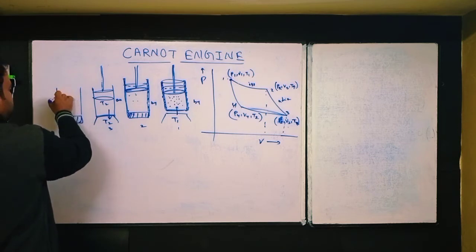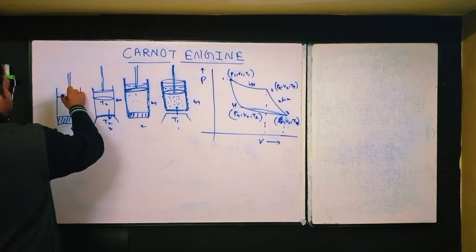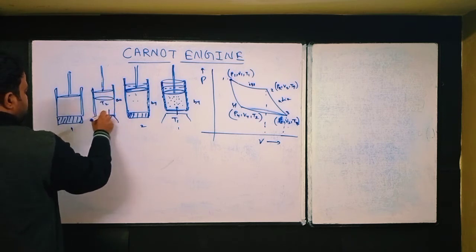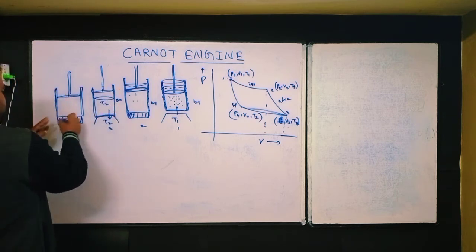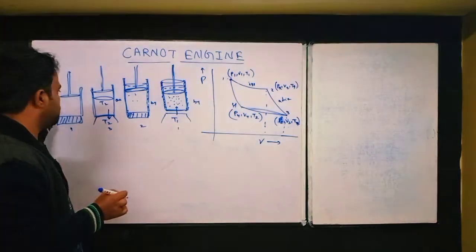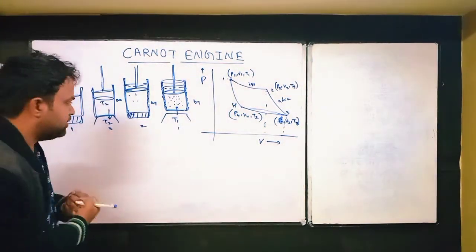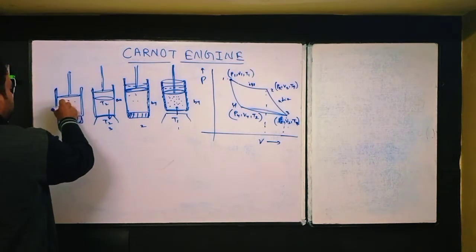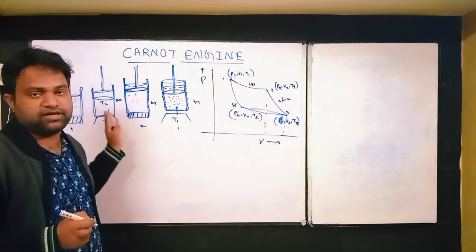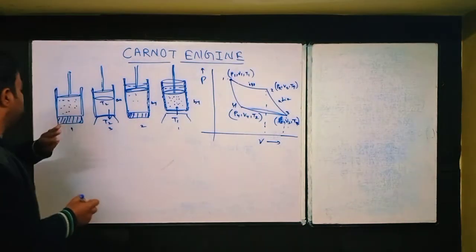So again I'll keep it on the stand. When I keep it on the stand, I'll compress it further, and all these walls are adiabatic. Remember, here also all these walls are adiabatic except the bottom one. Now when I keep it on an adiabatic stand, all the walls become adiabatic. Heat cannot go outside, nor can heat come inside. So what will happen? I'm not supplying any external heat, so delta Q is 0, no heat supplied.